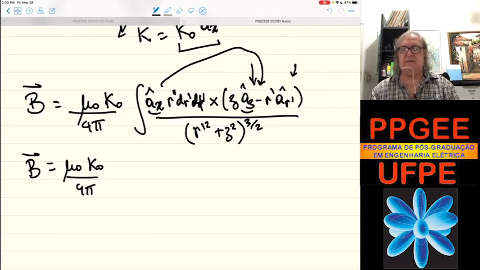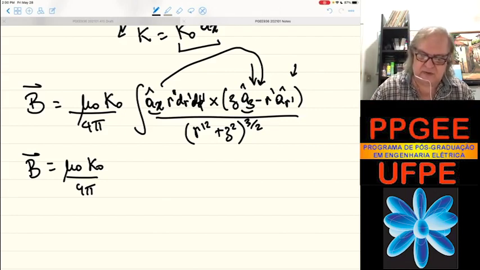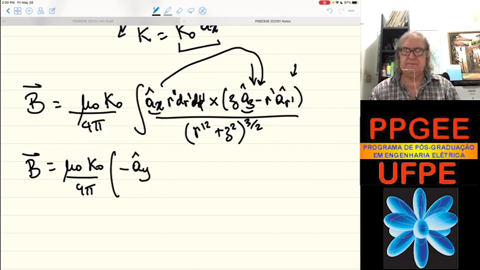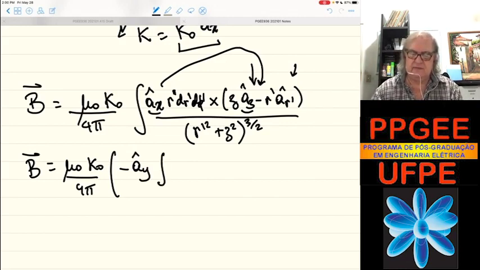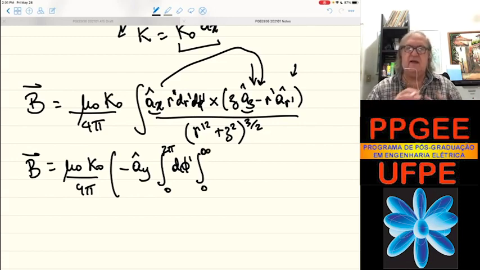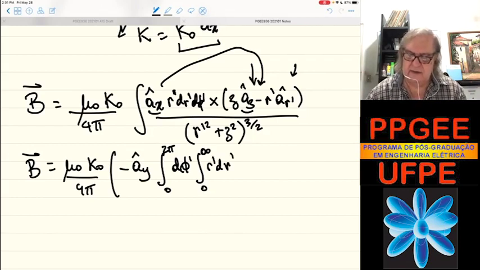First and third gives minus the second, so we have one contribution which is minus a_y. Then we have a double integral, an integral in r prime over the whole disk, which has infinite radius, so r prime dr prime. The contribution a_x cross a_z gave this one.